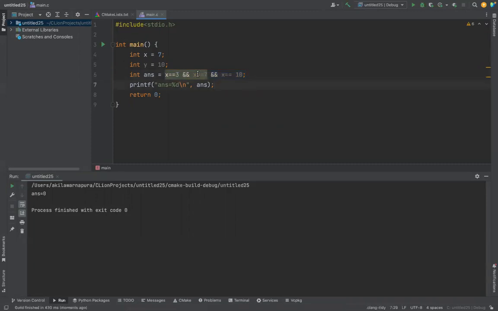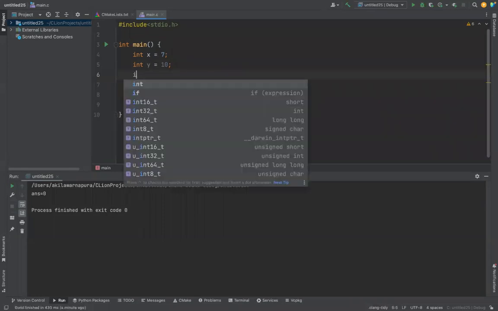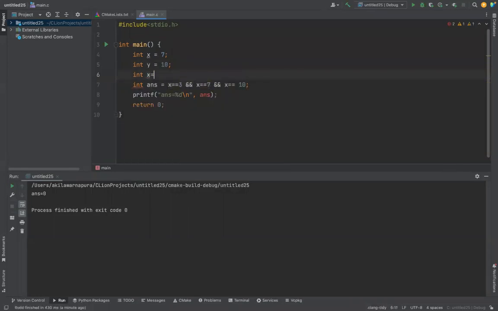Okay, therefore you have to use the proper one. That means x, y and z equal 56. Okay, x equal 3 and, sorry, this should be z.